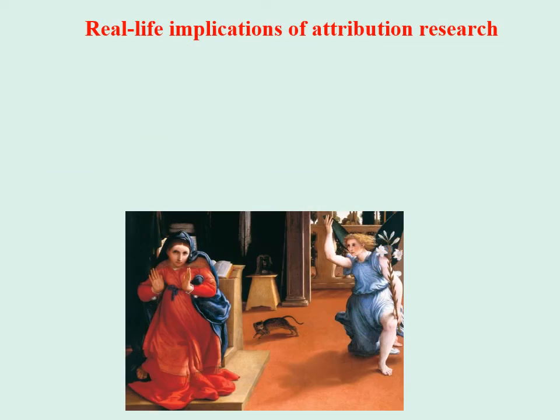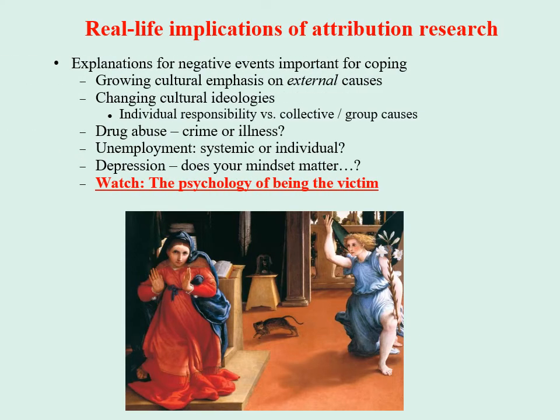The way we explain the causes of behavior can have very significant social and applied implications. If we explain negative events in terms of external causation, this may be helpful for coping. It's a comfort, but it also implies that the actor has less control and less ability to overcome adversity.